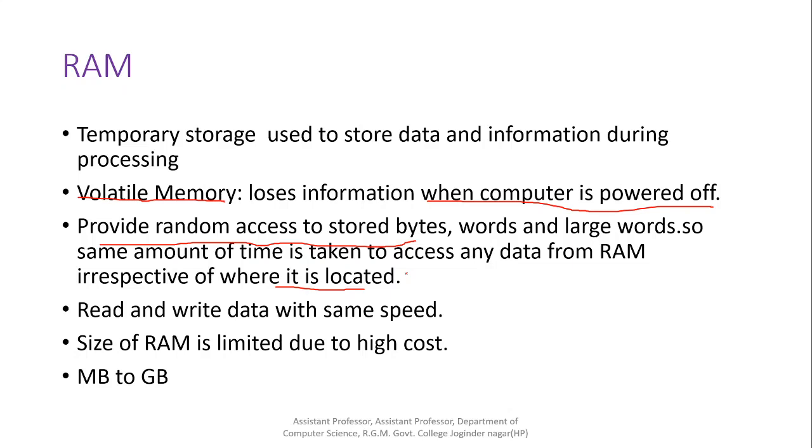The same amount of time is taken in accessing data in RAM. Reading and writing data in RAM have the same speed, and the size of RAMs is very limited due to high cost. It ranges from MBs to GB.